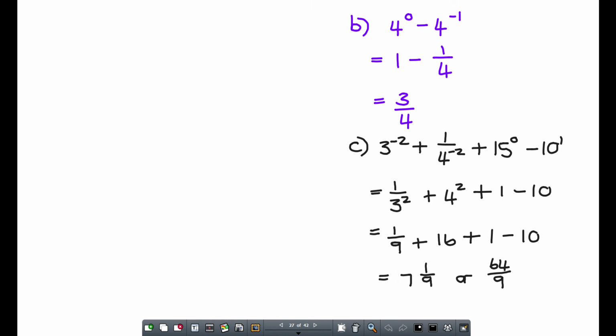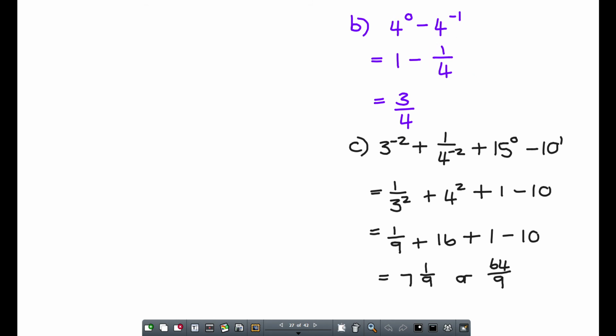Right, at B. 4 to the power of 0. Remember, anything to the power of 0 is 1. Okay, and 4 to the power of minus 1. To make that exponent positive, I'm going to say 1 over 4 to the power of 1.